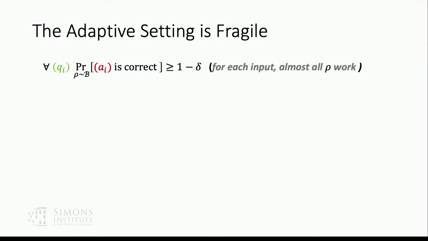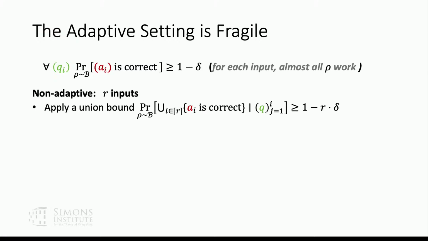So usually with a randomized algorithm, we construct it so that for any possible input, the probability that the answer is correct, over the choices of the internal randomness, is at least 1 minus delta for some very small delta, meaning for any input, almost all choices of internal randomness work.